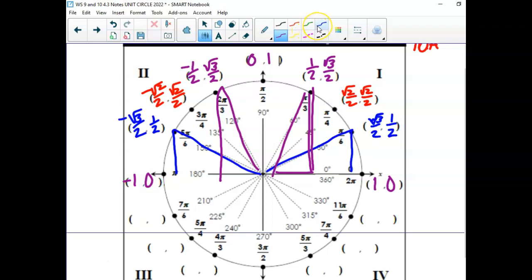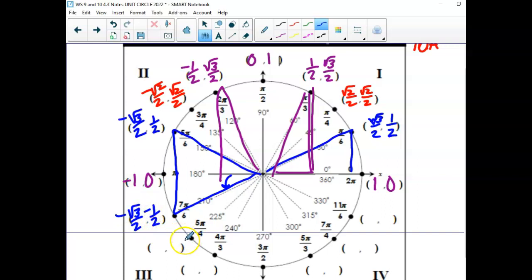So what is the reference angle for this guy down here, 7 pi over 6? This is how much turn? It's a 30. So it's the same as these. If I folded my paper in half, this would match up, right? So it's the same as this one, except what happens to the signs? Yep, I went left and down.